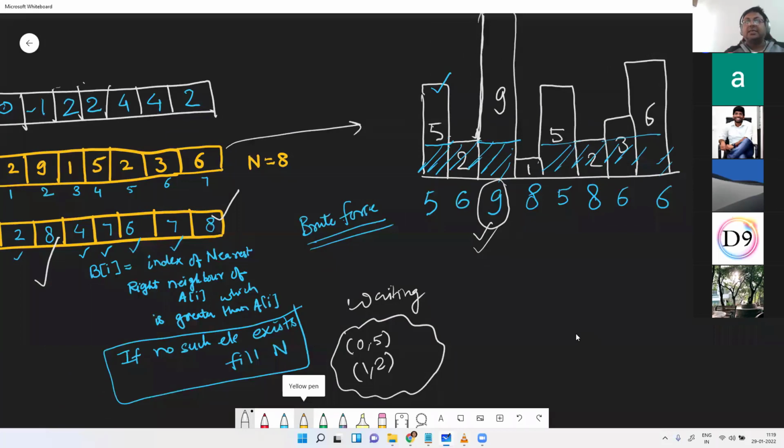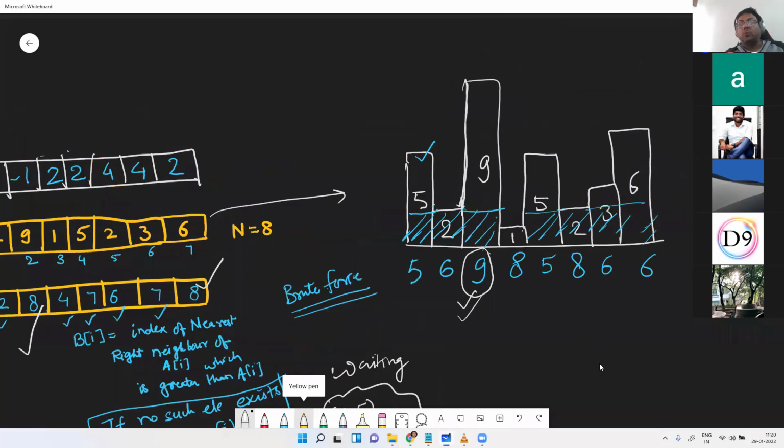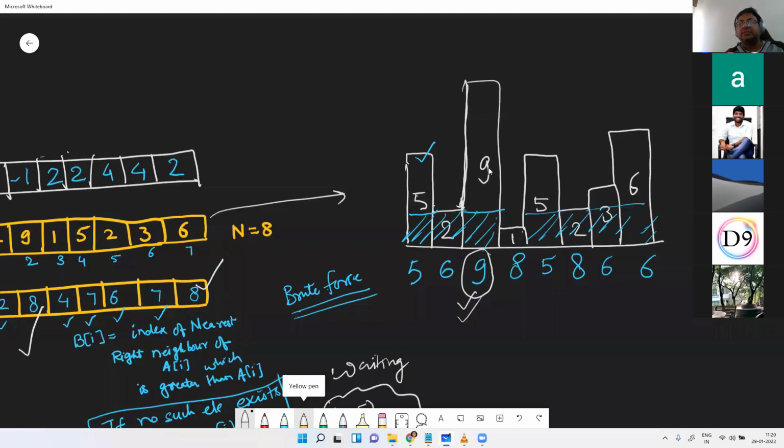Now the point is, when are we able to extend the building to the left side or to the right side? Can I say as long as we see a building greater than or equal to that length, we can extend it? Do we all agree with that? Yes.